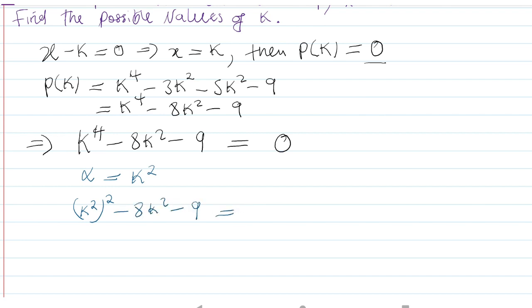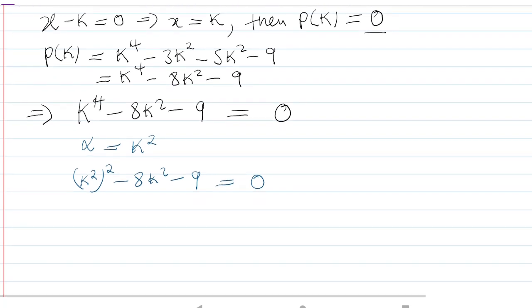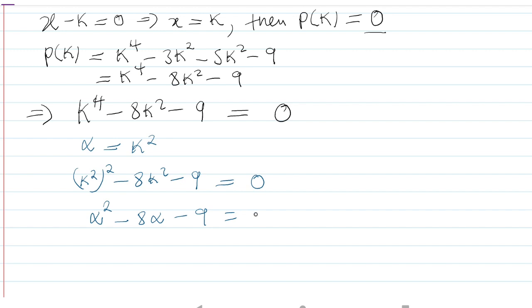Okay, and we said this is just equal to 0, and we said alpha is equal to k squared. So where there is k squared, I put alpha. So this is alpha squared, the squared that is outside, minus 8 alpha minus 9 is equal to 0.